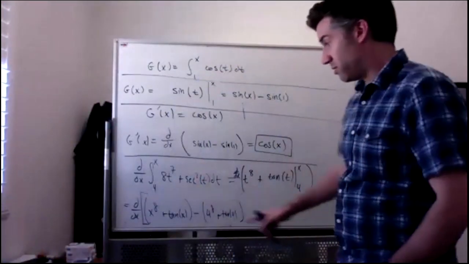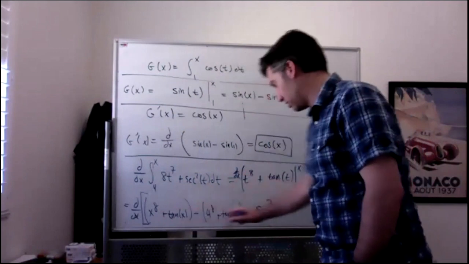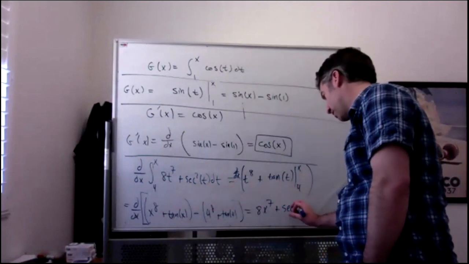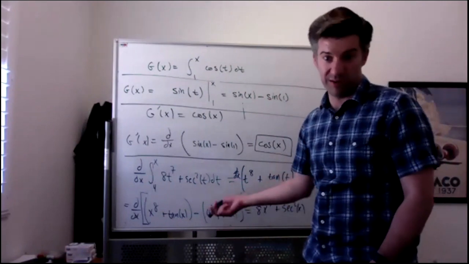The derivative of x to the 8th is 8x to the 7th. The derivative of tangent of x is secant squared of x. And the derivative of 4 to the 8th plus tangent of 4 is 0, because those are both constants.